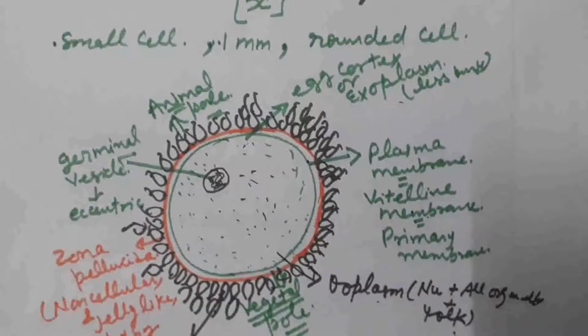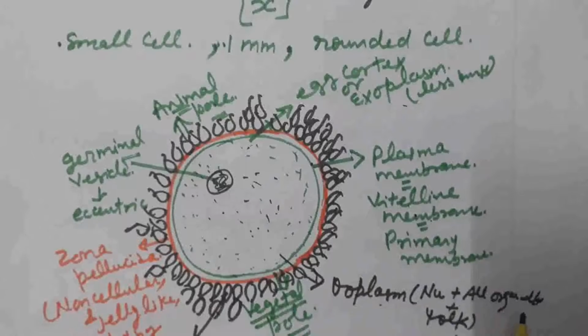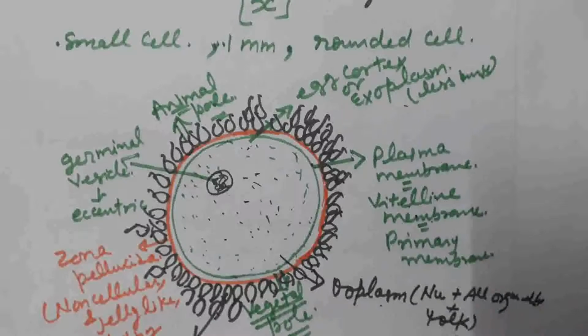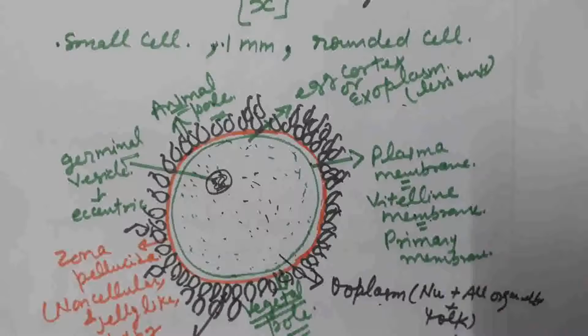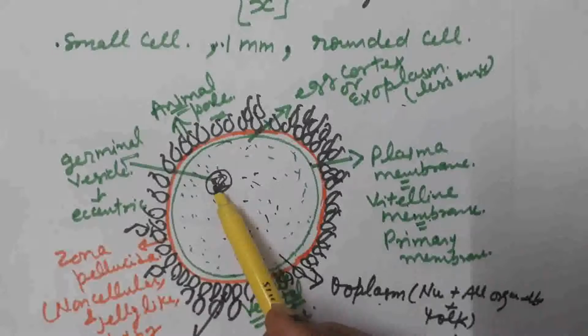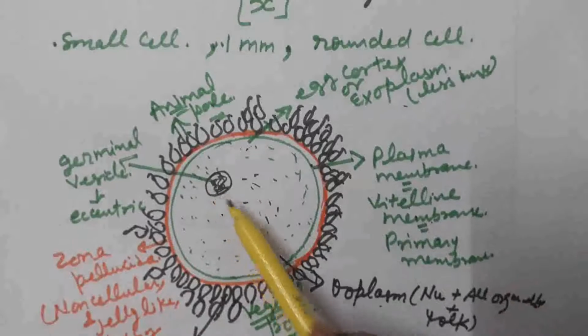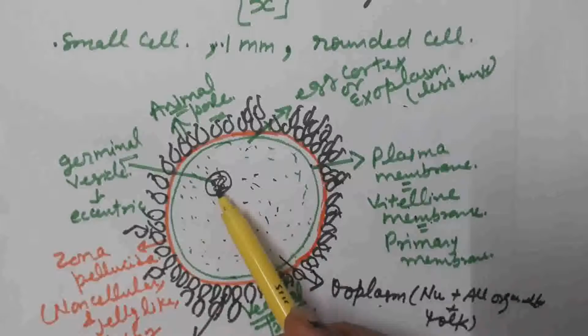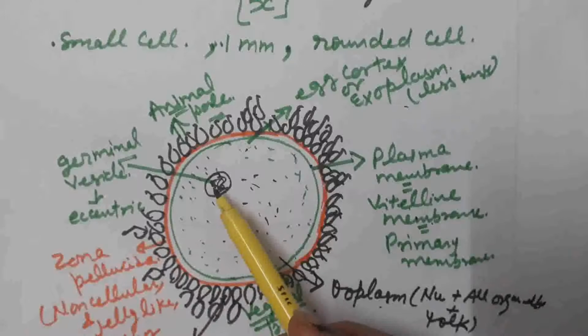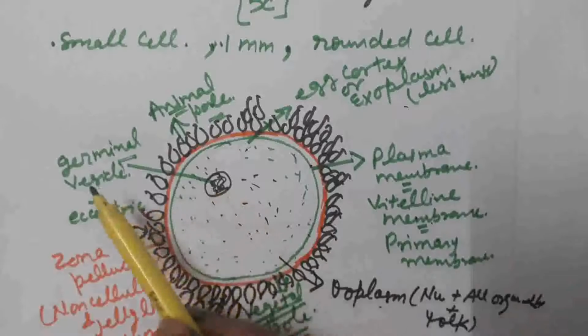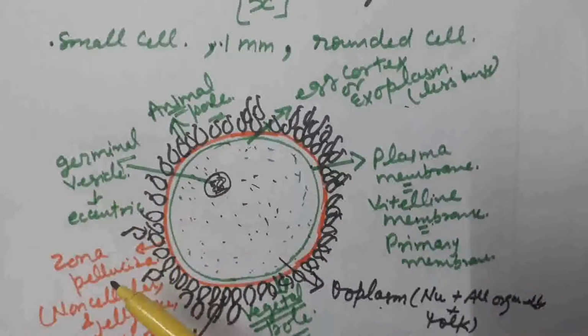Inside the ooplasm the nucleus, all the cell organelles and the nutritive material yolk are present. The nucleus is eccentric in position, slightly shifted towards the outer surface. We call the nucleus of the egg the germinal vesicle.